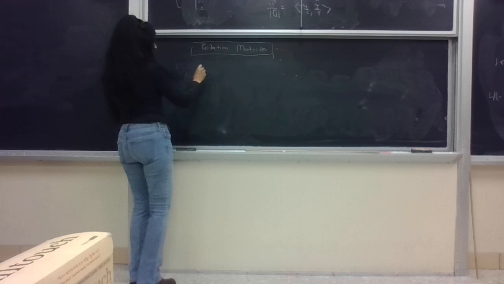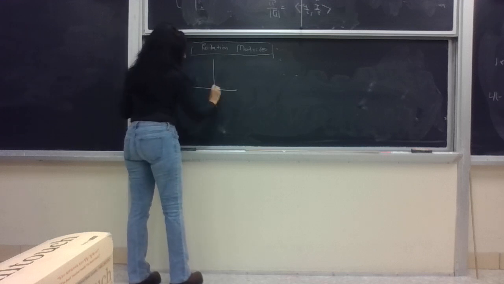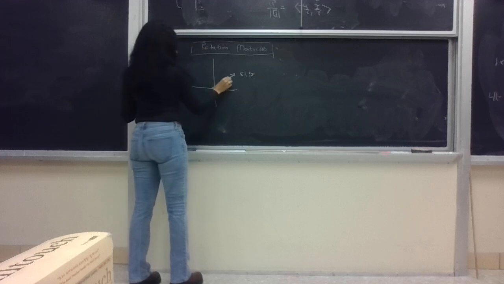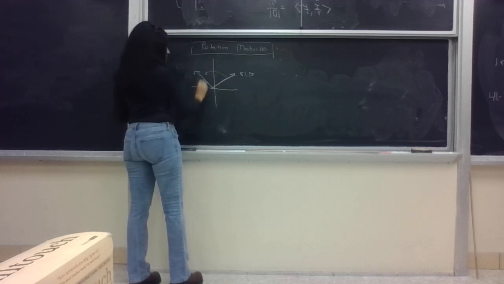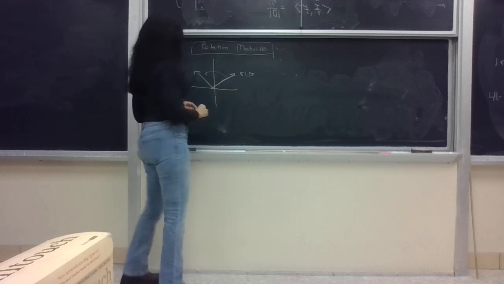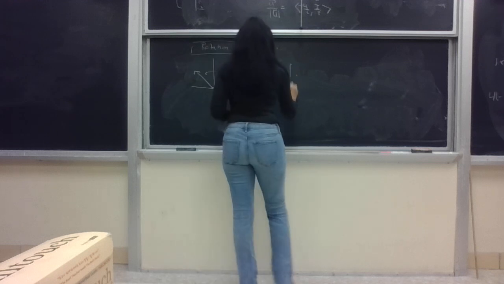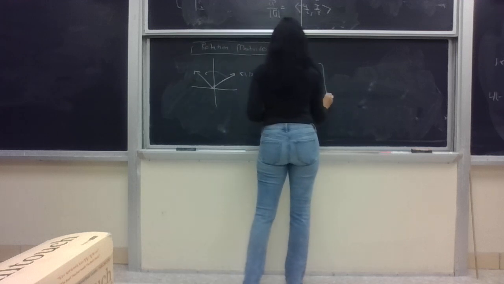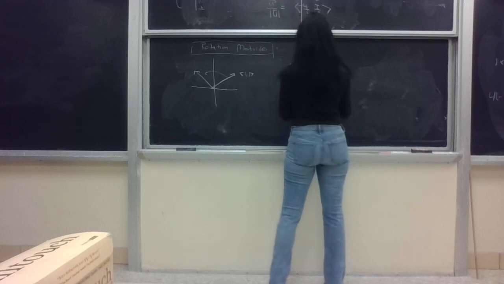If you take, for example, the vector 1, 1, and I want to move it over here, like so, take this matrix and multiply it to the vector.